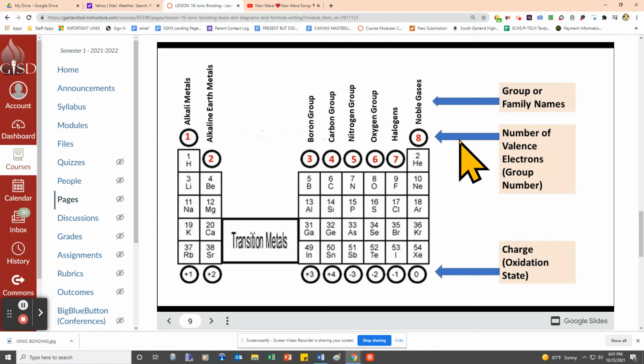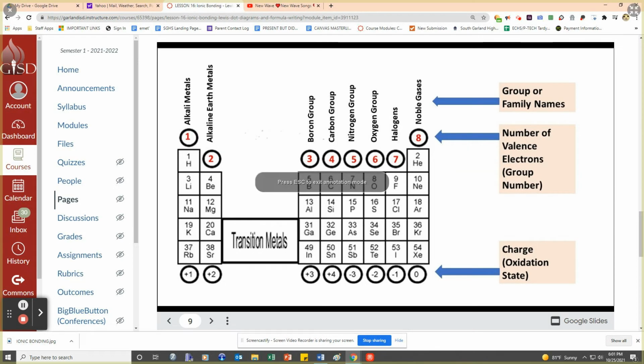All right. Hey guys, if you notice, look at this periodic table right here. We got the charge for the first group, the second group, the third, fourth, fifth, sixth, seventh, and group 8 or group 18. But we don't have any charges for the transition metals. Why don't we have oxidation numbers for transition metals?